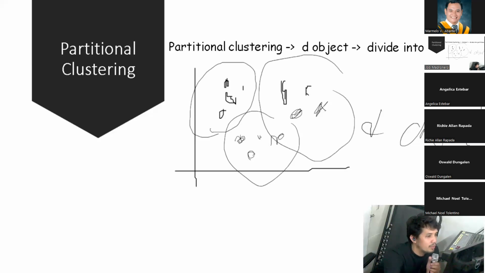One of the common methods or algorithms in partitional clustering is k-means clustering, wherein k is equal to the number of clusters, which is 3 clusters.